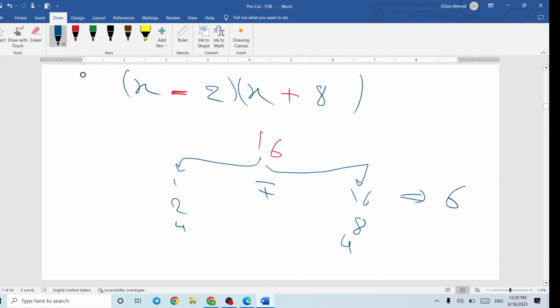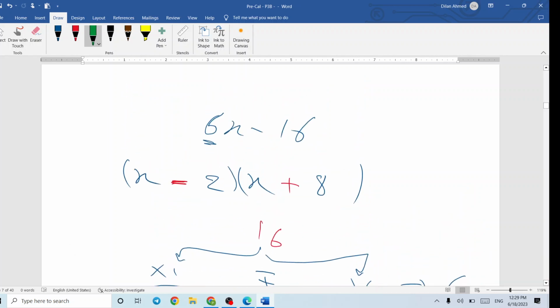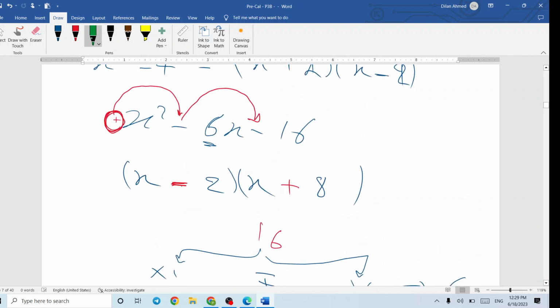So I'm asking myself, 1 plus 16 is equal to what? 17. 1 minus 16 is 15, so it's not my option, right? How about between 2 and 8? If I add, I'll get 10. If I subtract, I'll get 6. So that's what I need, right? So it's 2 and 8.